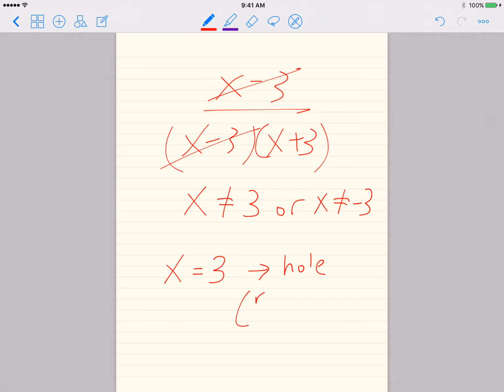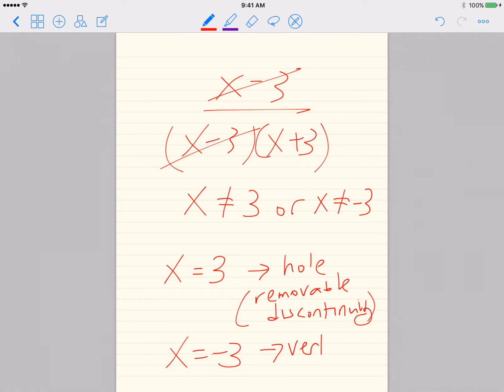It's called a removable discontinuity, as opposed to x equals negative 3, which is a vertical asymptote, because even after simplifying, the factor x plus 3 remains in the denominator. I want you to be able to predict what kind of points of discontinuity is a removable discontinuity as opposed to an infinite discontinuity.